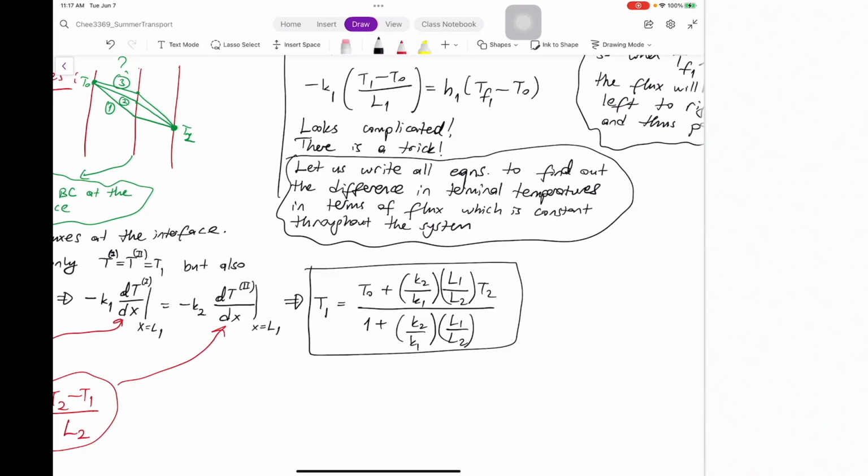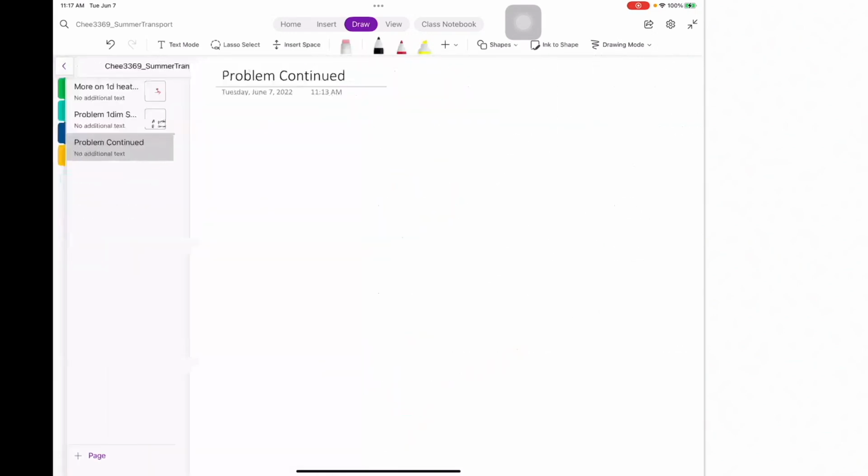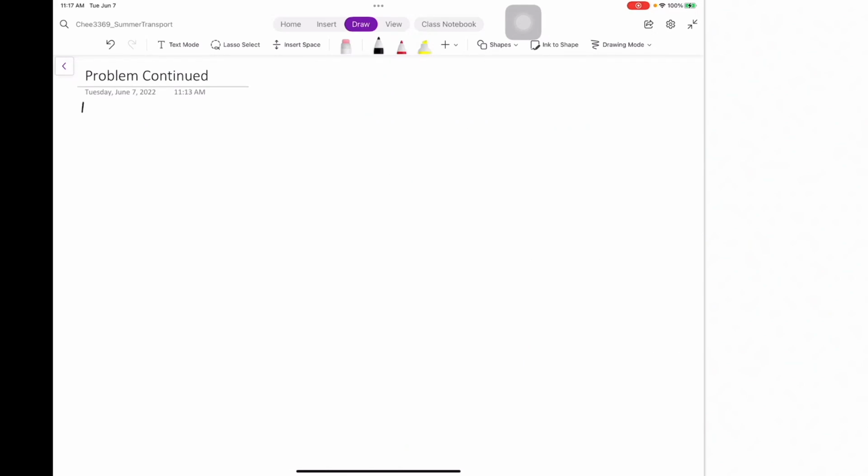So we're going to do two things. We're going to find out the fluxes, and then we're going to find out the temperature profiles using those fluxes. Okay. Let's do the trick described on the previous page.